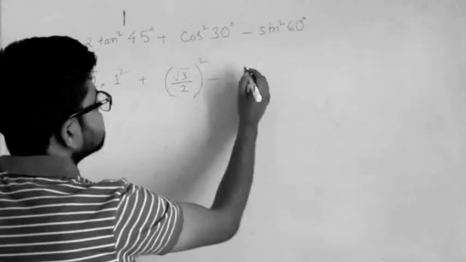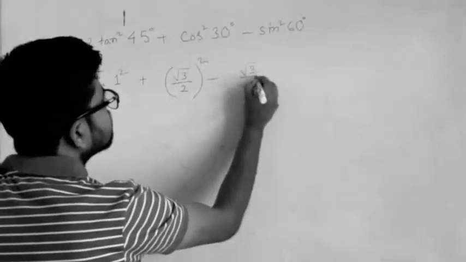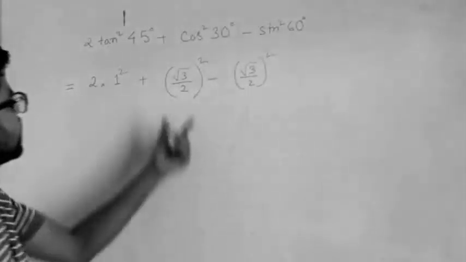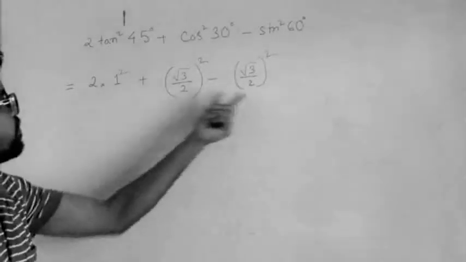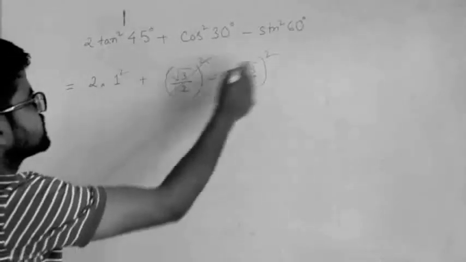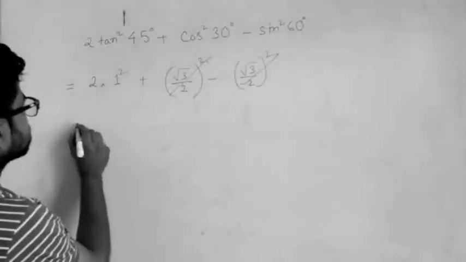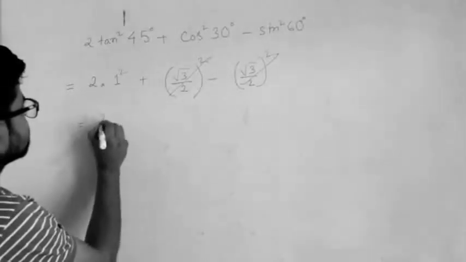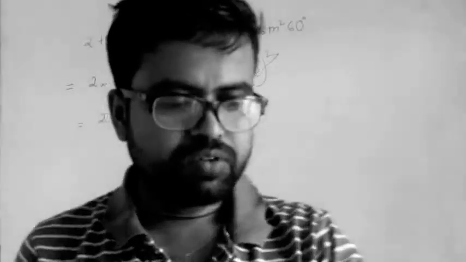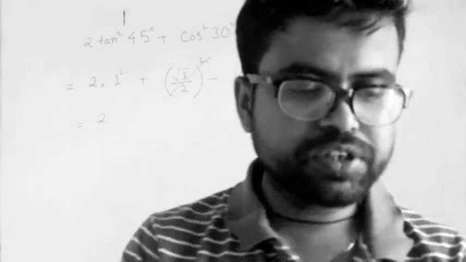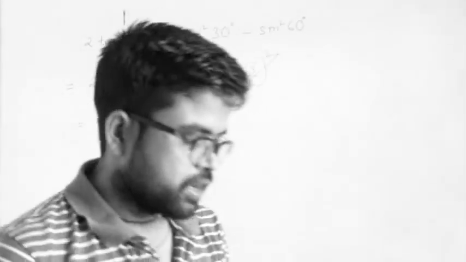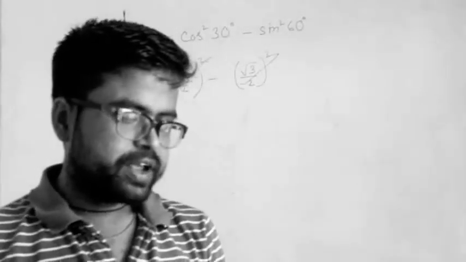And sin 60 is root 3 by 2, squared. These two are the same, with plus and minus, so these two parts will cancel out. So you have 2 into 1 square, which means 2. All the questions are of the same type, so there is no problem. And question number 2 is an MCQ, try it yourself.